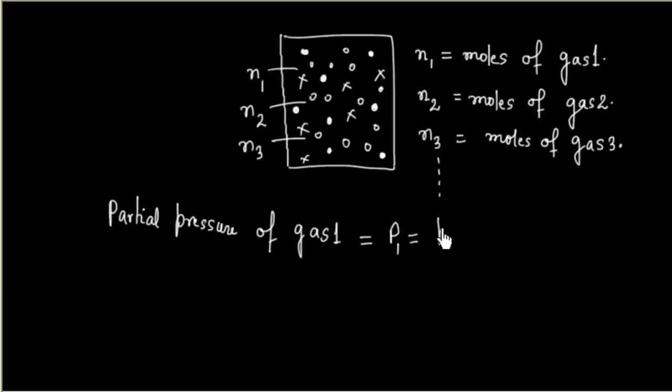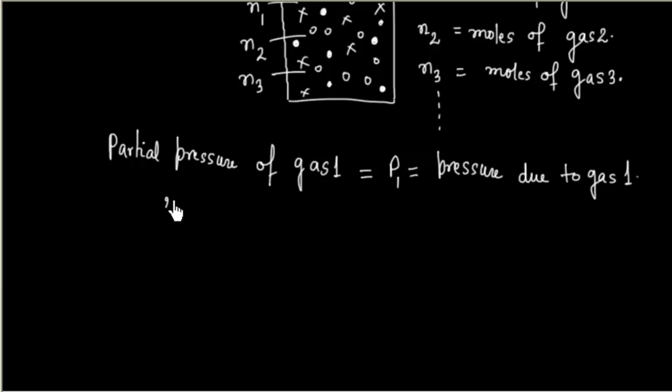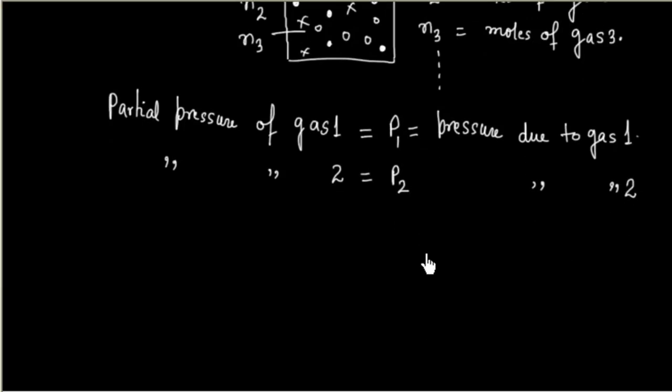So P1 is the pressure due to gas 1. Similarly, we can have partial pressure of gas 2 and this will be P2, that is pressure due to gas 2. Similarly, we can write P3, P4, P5. So P3 is the partial pressure due to gas 3.